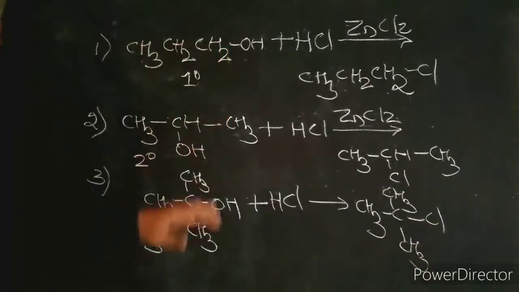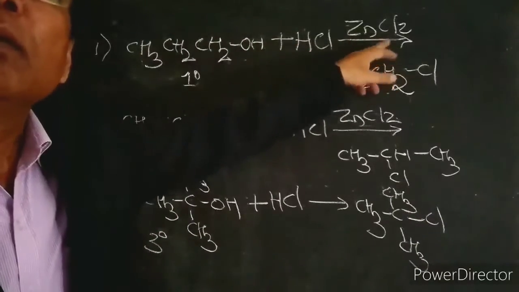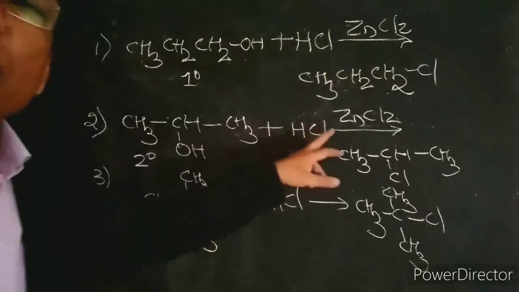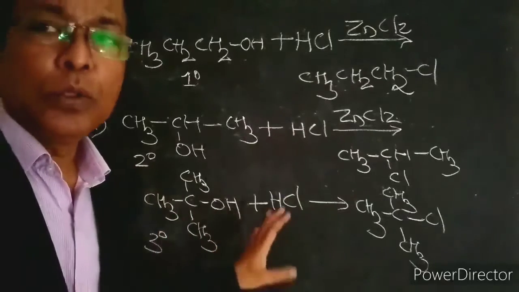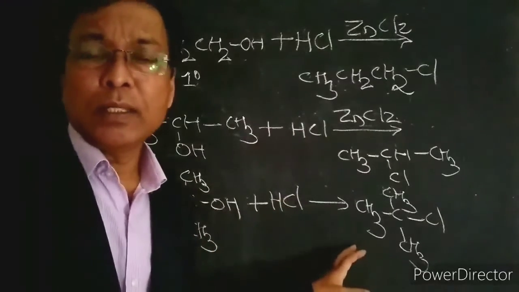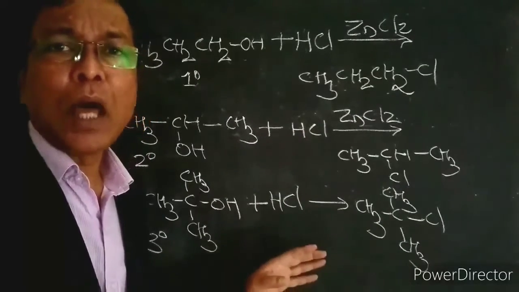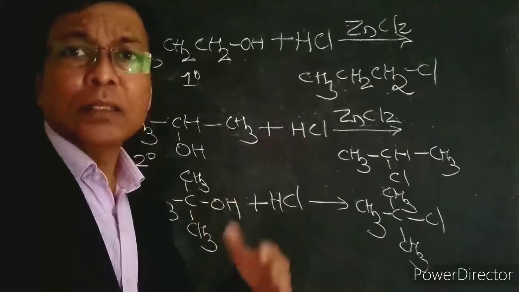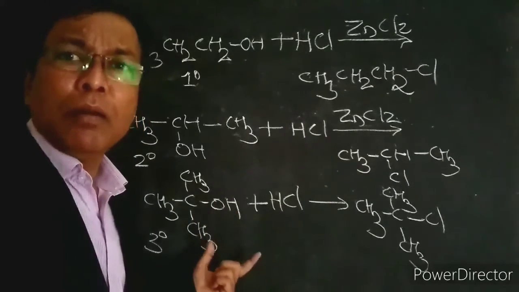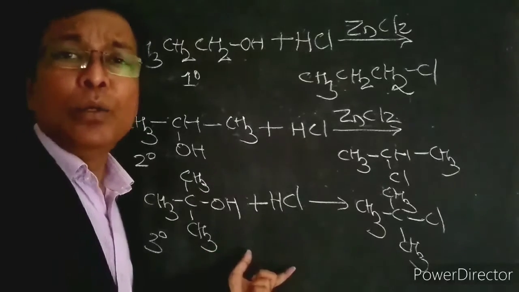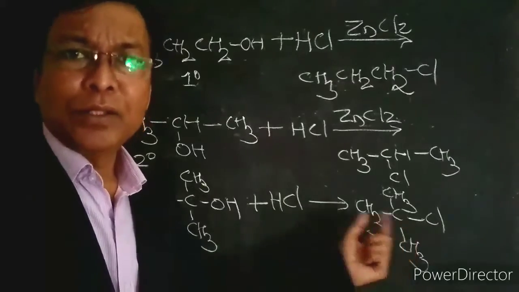If you compare these three reactions, primary alcohol requires Lucas reagent, secondary alcohols also require Lucas reagent, but tertiary alcohols do not require Lucas reagent. What is the reason for this? The reason is tertiary alcohols are more reactive than secondary than primary alcohols. Therefore, tertiary alcohols do not require Lucas reagent to form the alkyl halides.